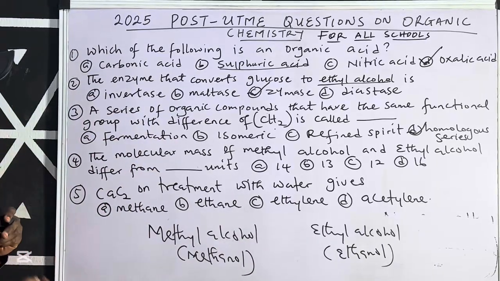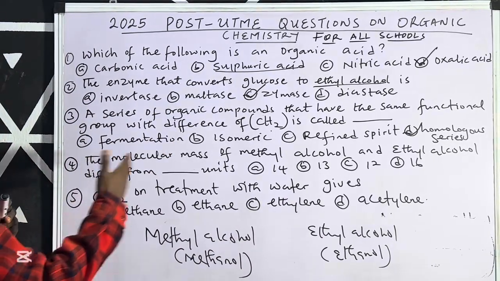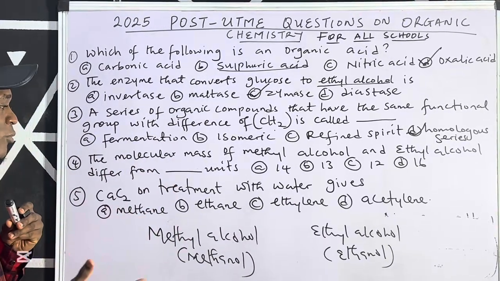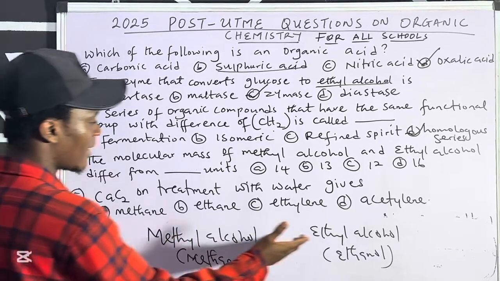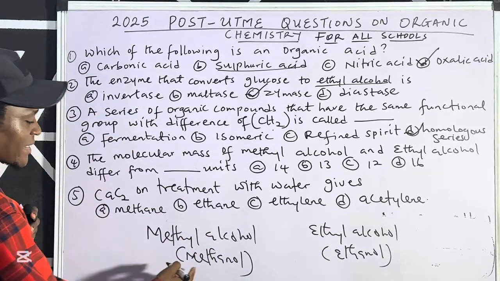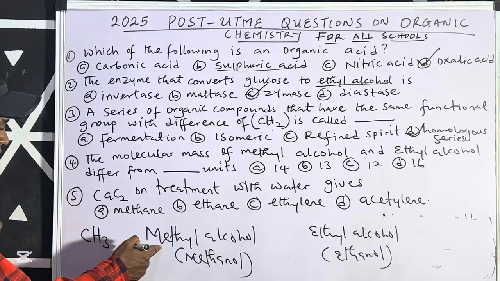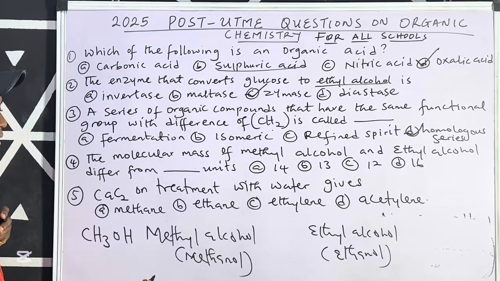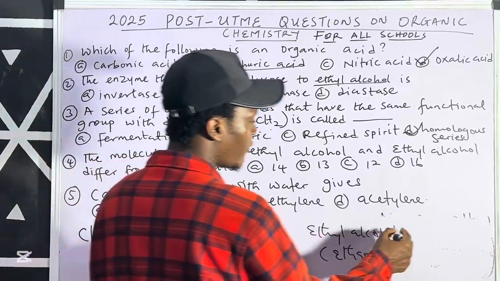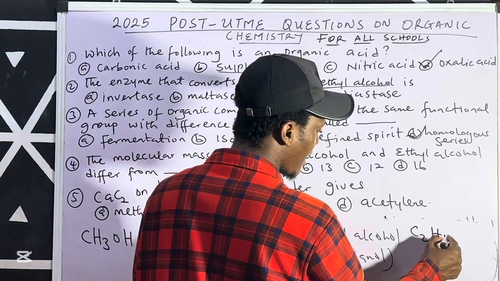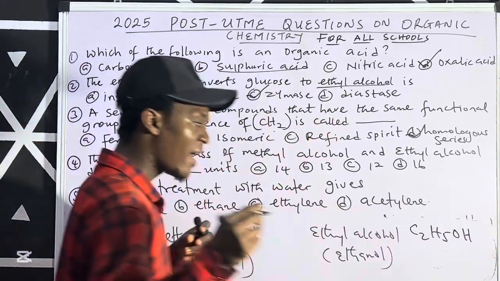So they are asking us what is now the difference in their molecular weight in terms of this guy and this guy. Now, methanol should be having a formula CH3, which is for methyl, then OH. Then ethanol should be having a formula C2H5OH.